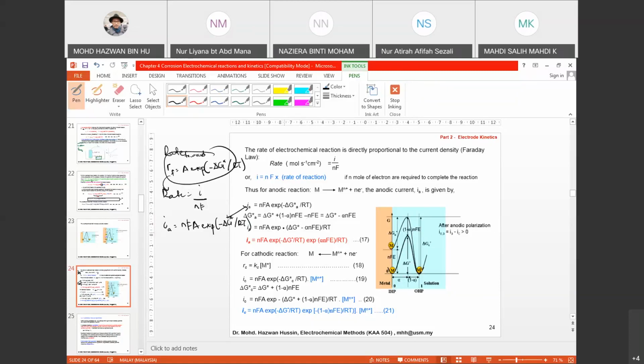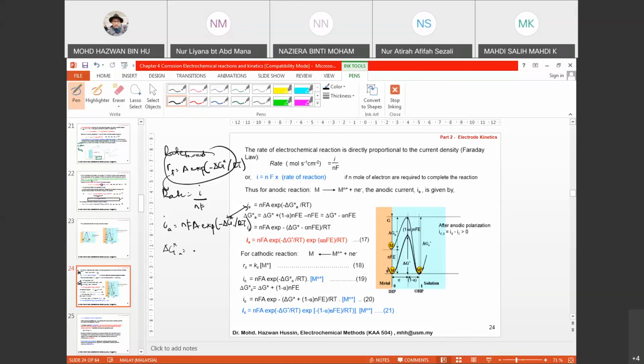And then the delta G asterisk of activation for the anodic will be as follows. Since we are doing anodic polarization, the delta G value will be higher.